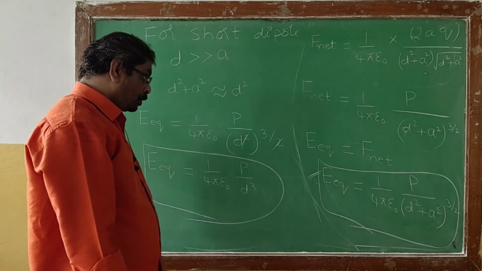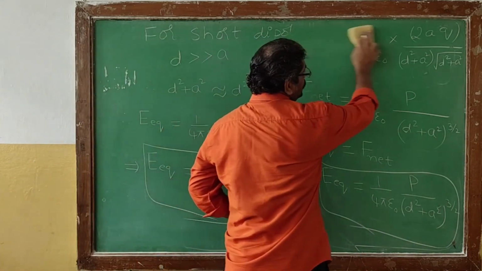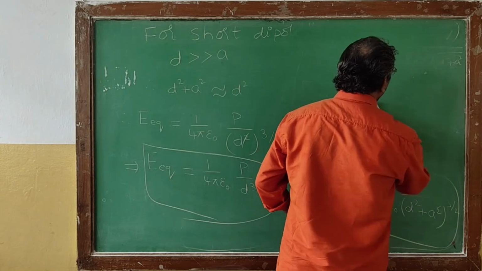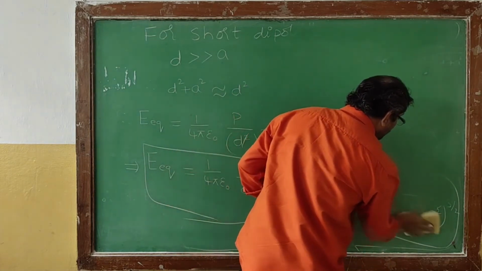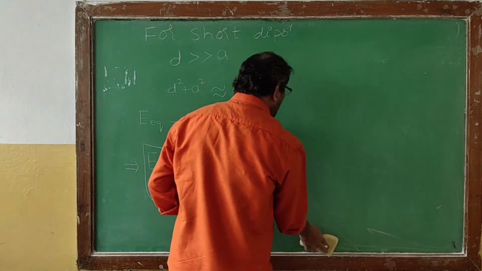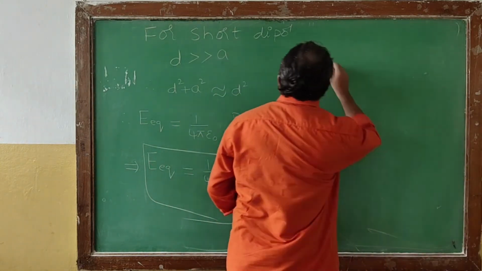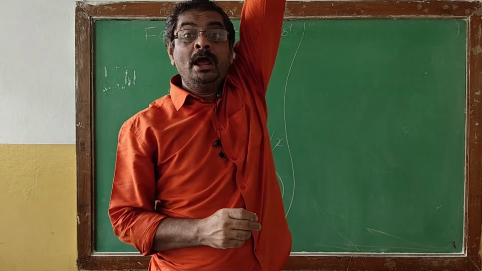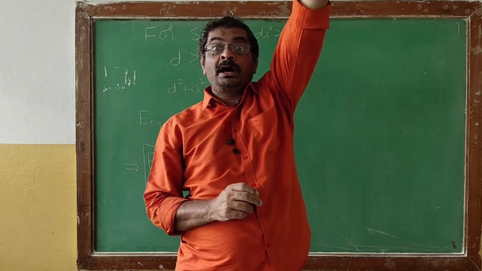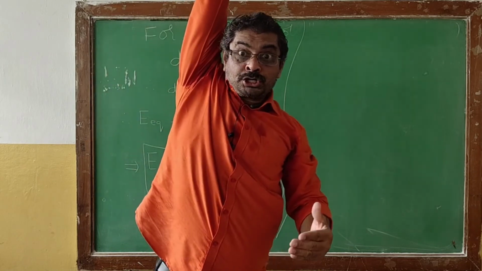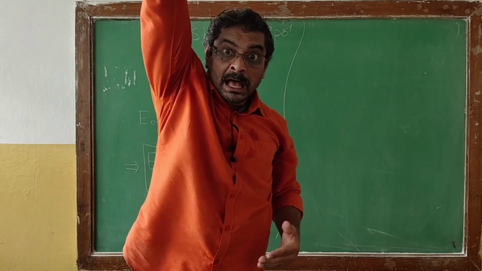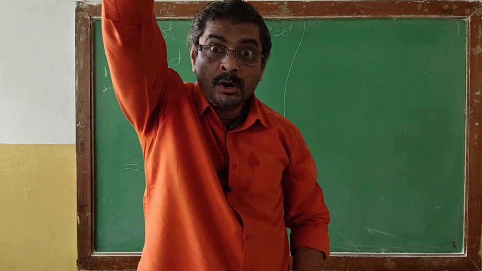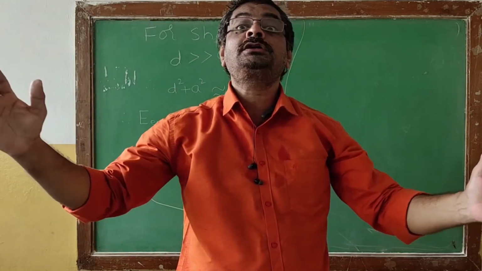Once you know this concept, can anybody tell me what the relation is between E axial and E equatorial? What is the relation between the electric field on the axial line and the electric field on the equatorial line for a shorter dipole?